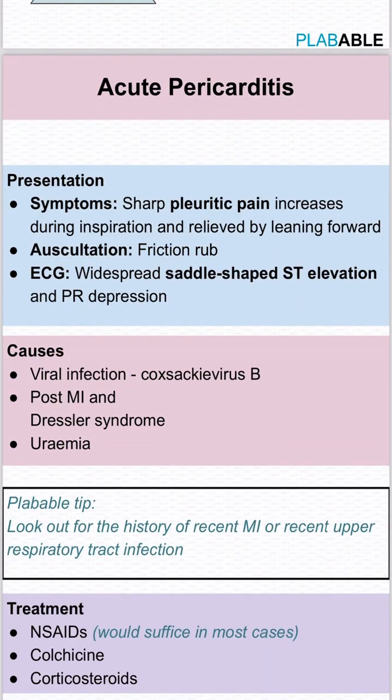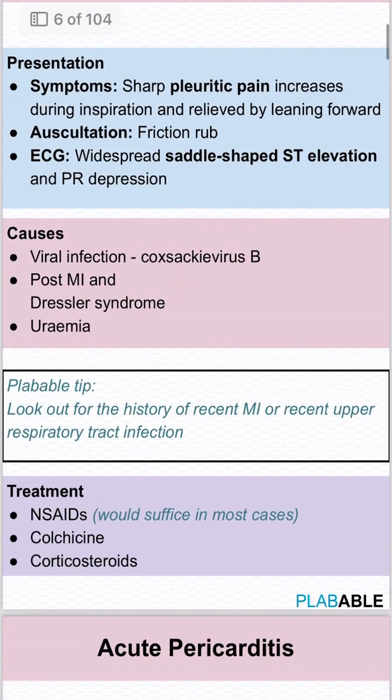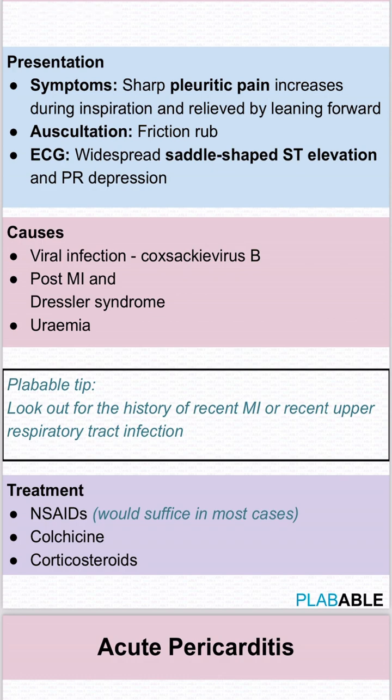In acute pericarditis, the patient will present with sharp pleuritic chest pain, which increases during inspiration and is relieved by leaning forward. On auscultation, you'll find a friction rub. And on ECG, there will be widespread saddle-shaped ST elevation and PR depression.